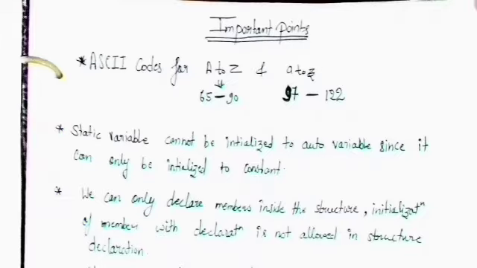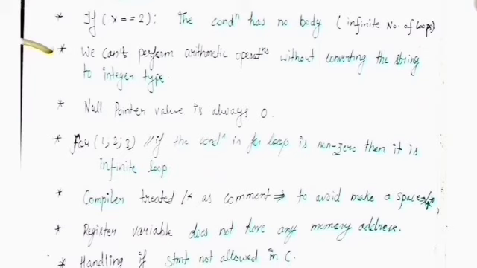Now come to the next point. If x equal to 2, the condition has no body, so we say that here an infinite number of loops are defined.